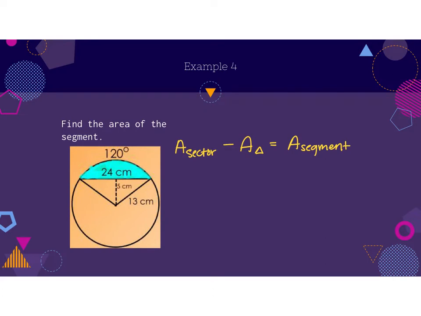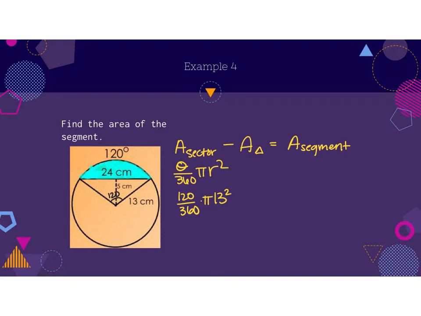So for our sector, remember we need our theta, or that angle measure, out of 360, because that's the fraction we're working with, times pi r squared. Remember, this angle is the same as 120. Okay, so we can fill in what we know. We have 120 out of 360 times pi times the radius of 13 squared.